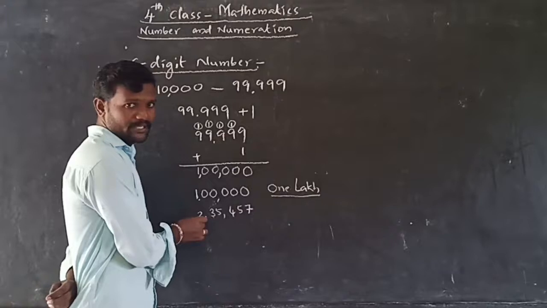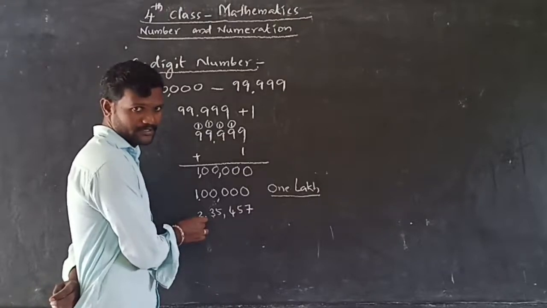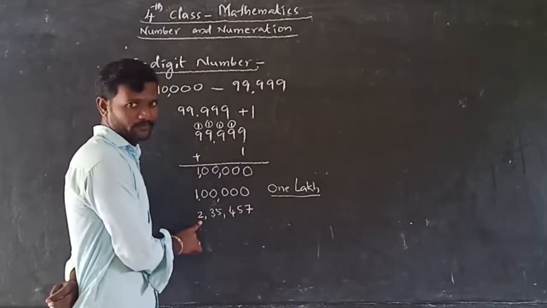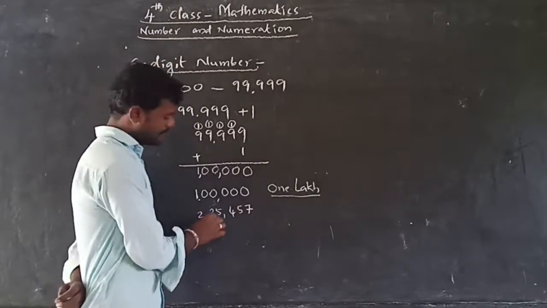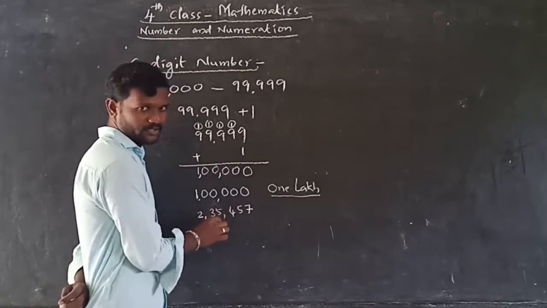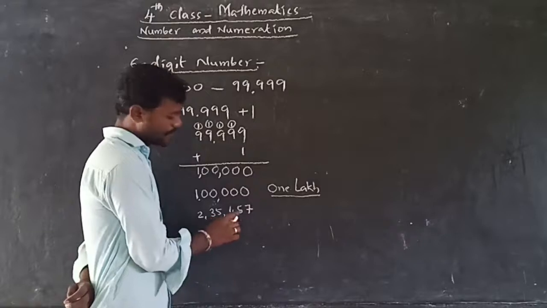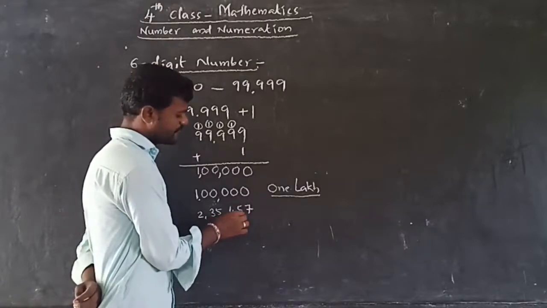So 2 is in which place? It is in the lakhs place. So it is 2 lakhs. 35 is in the thousands. So 35,000. And next 457.